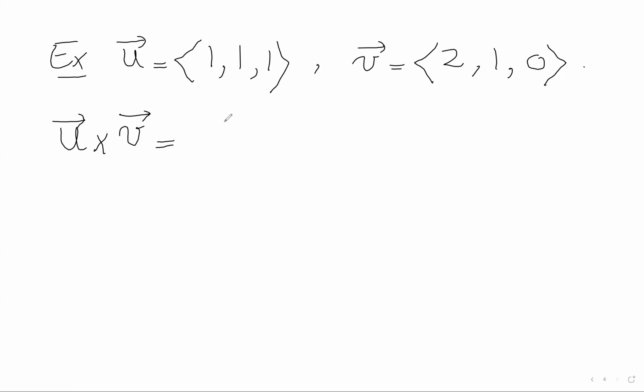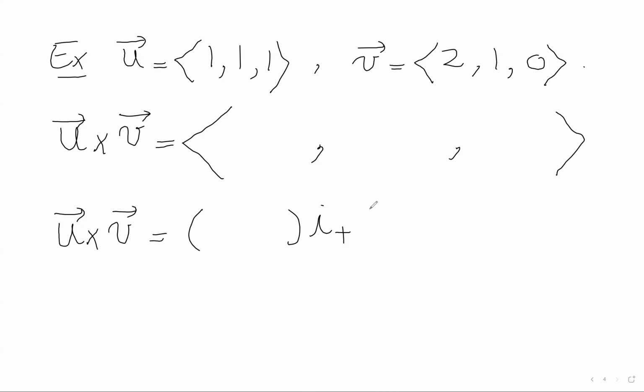Sometimes the final answer is requested in this way, so I need to find the three coordinates like that. And sometimes it will be asked to show the cross product in the other notation for the vector: something times i plus something times j plus something times k.